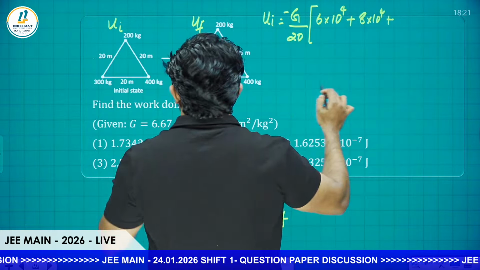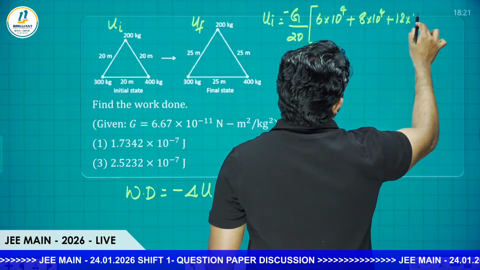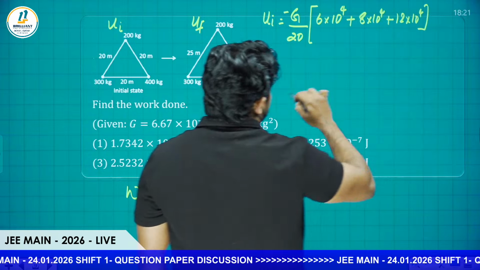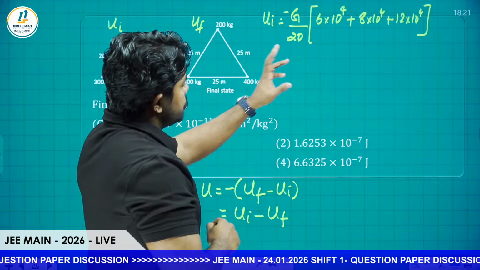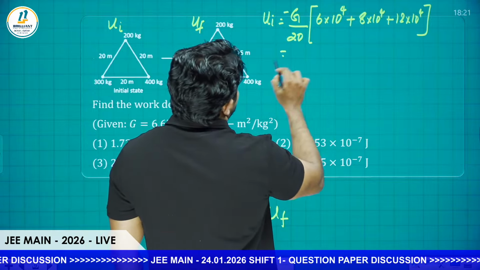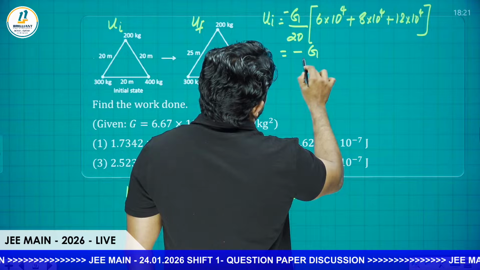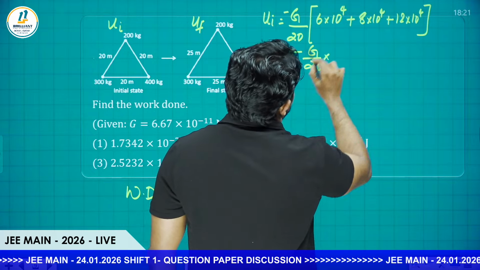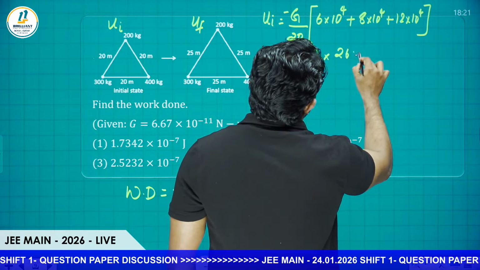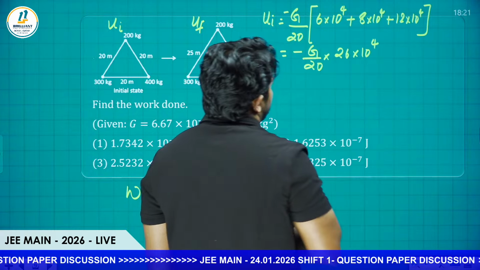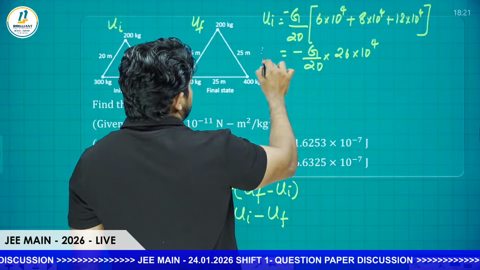Then the last one, that will be 12 times 10 raised to 4. So this will be the total, the combination of masses will be that. So this will be equal to minus G by 20 times, what will be the value? It will be 26, right? 26 times 10 raised to 4. Okay, so that is U initial.